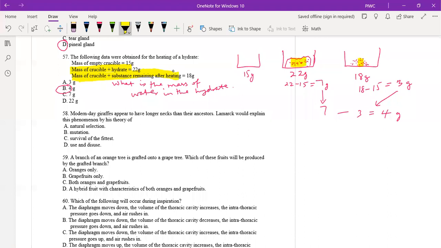So that'll be 22 minus 18. If I do that, I can get the answer also from there. But this is a thinking process that's happening here. Okay. So mass of the hydrate plus crucible minus the mass of the crucible and the substance remaining. Subtract these two. You get the answer.